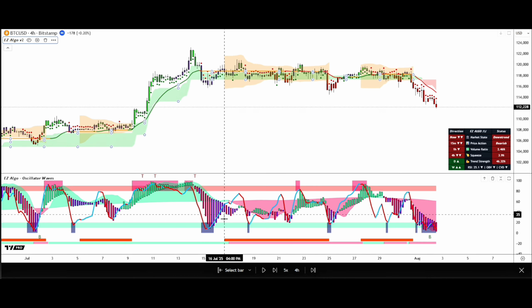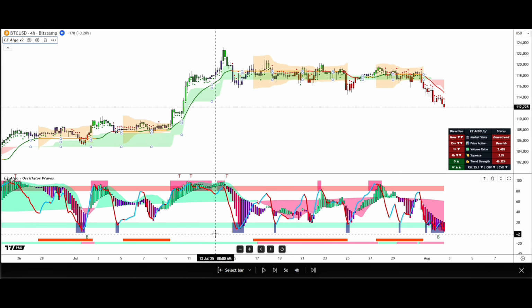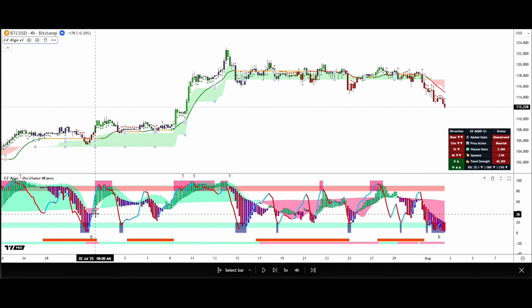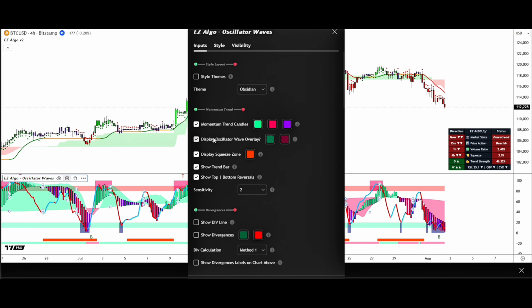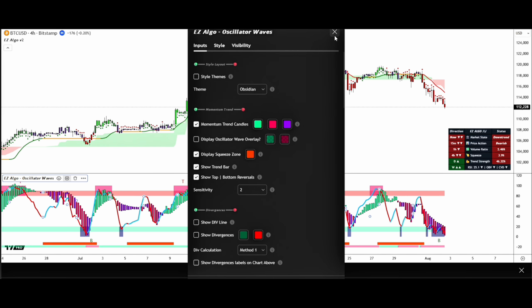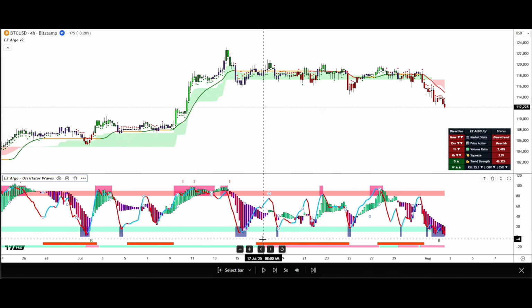As well as our trend bar below that. And all our trend bar is telling us is the overlay trend that's right here. So basically, if you do not want this to populate on your charts, you can shut this off. And we'll just rely on this green bar to tell us if the price is going up overall or if price is going sideways or going down.